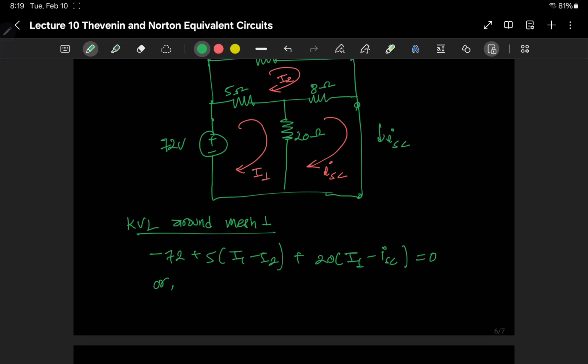That is one equation. If we simplify it, we'll get something like 25 I1 minus 5 I2 minus 20 Isc is equal to 0.